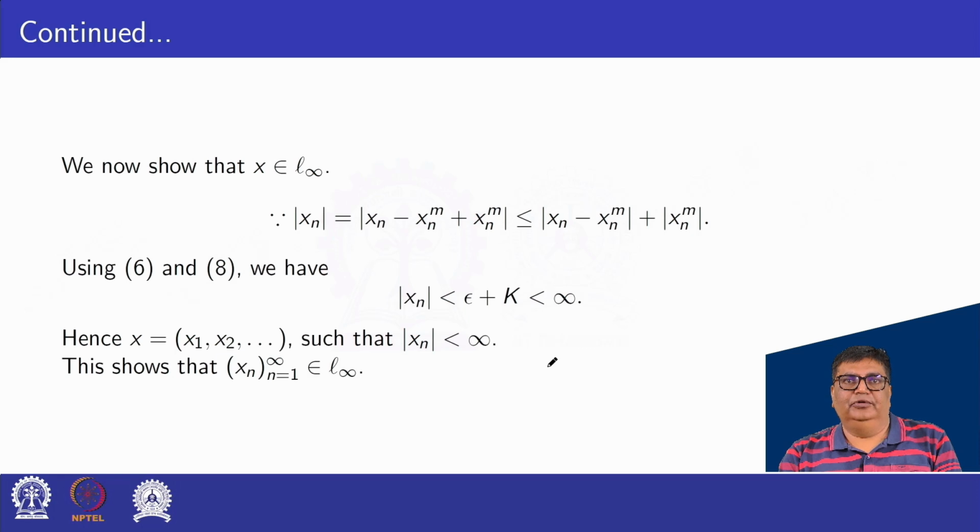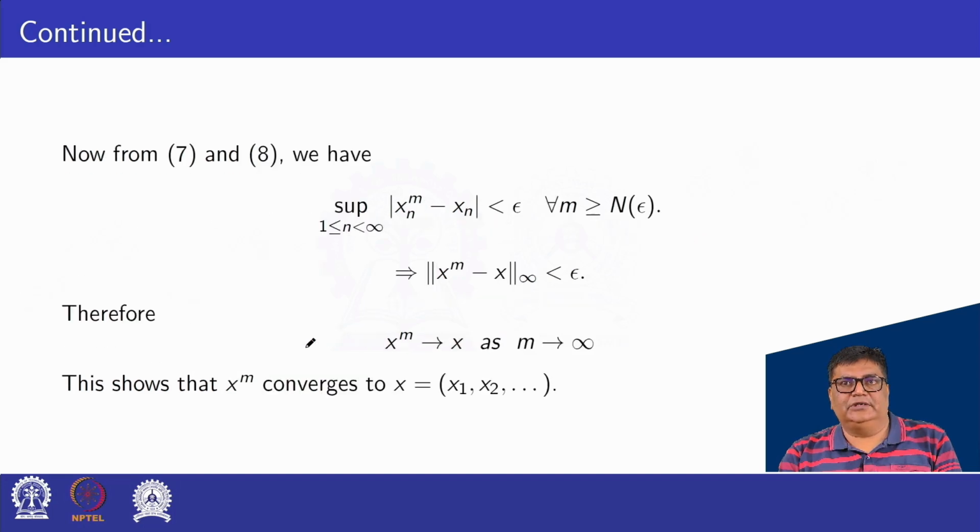Now we have to check x belonging to L infinity, that is, we have to check mod x_n less than infinity. Since mod x_n can be written as mod of x_n minus x_mn plus x_mn, we have added x_mn and subtracted x_mn, so this is less or equal to mod x_n minus x_mn plus mod x_mn.